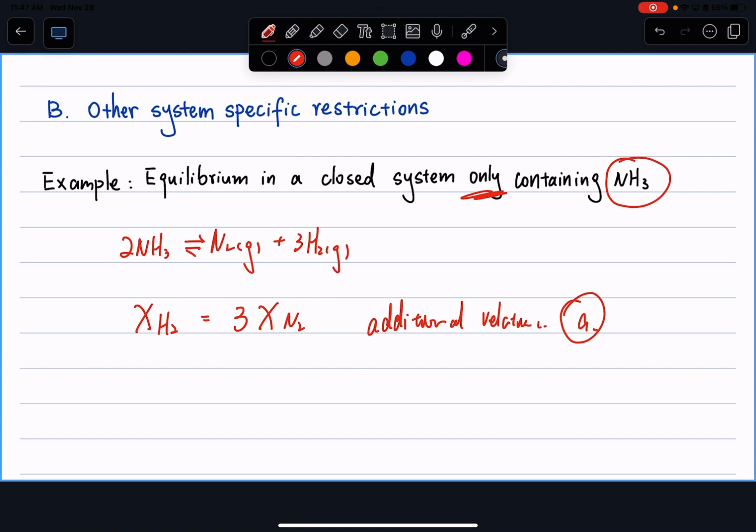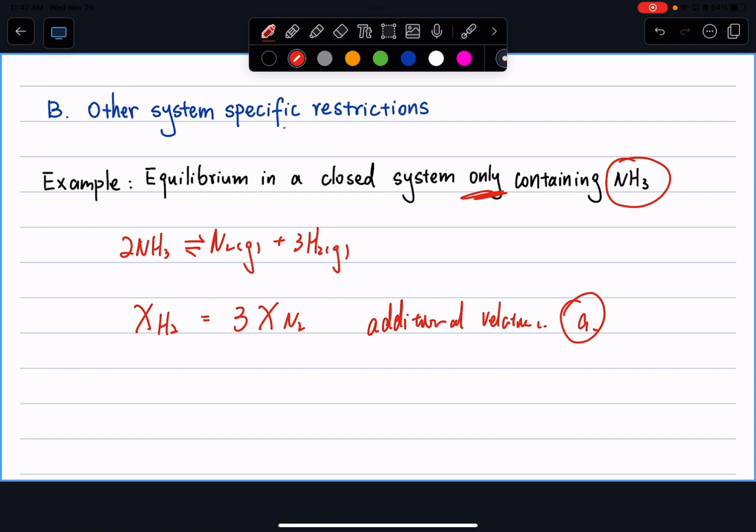That's another example of the additional variable that can be reduced. Or if you're looking at an aqueous solution that has some kind of cation, some kind of anion in there, now the charge must be balanced. That's another degree of variation to think about. So these are system-specific restrictions. Practice on the chapter end problems will help a lot to quickly get what that A is.